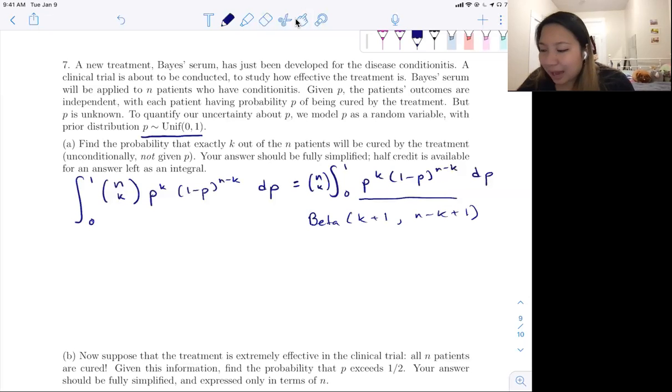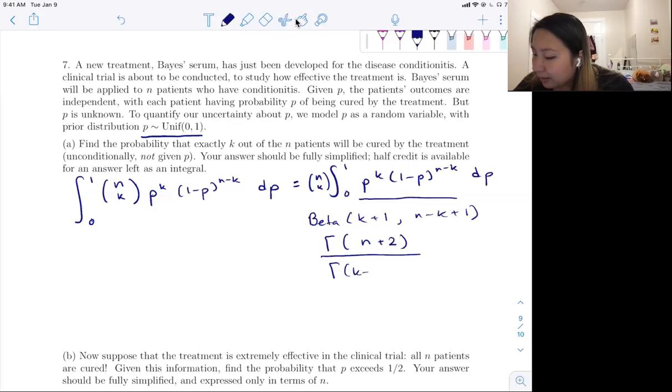The beta PDF has a constant in front: gamma of A plus B over gamma A times gamma B. So that's gamma of N plus 2 over gamma of K plus 1 times gamma of N minus K plus 1 as the constant in front.